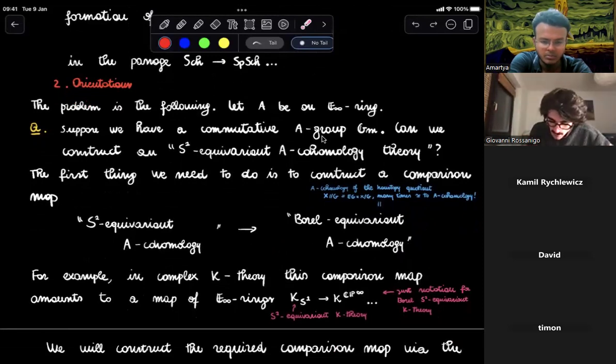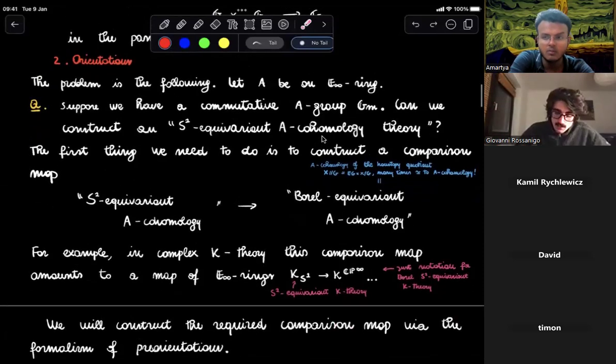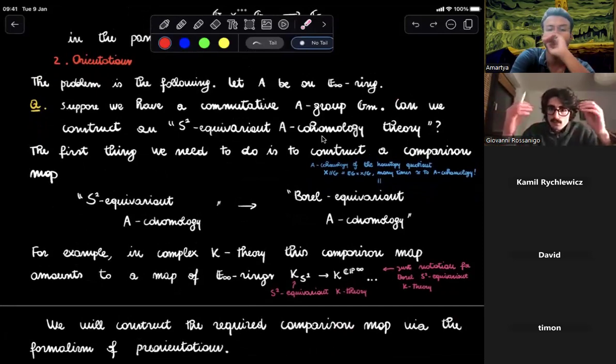It's possible to construct the S1-equivariant K-theory, and this is the representing spectrum, and the Borel equivariant K-theory. And there is a map that simply forgets that you are acting, going to the homotopy quotient, so all the vector bundles are already equipped with the S1 action that you want. And the question is, okay, let's start with an infinity ring A, and we have a commutative A-group.